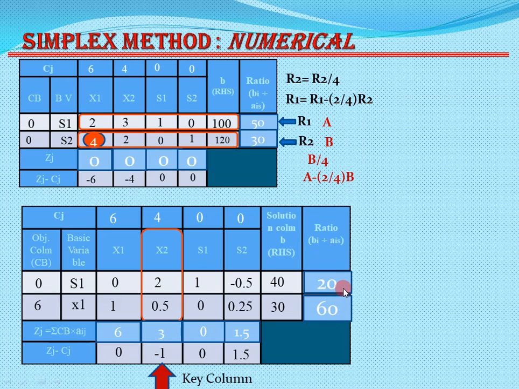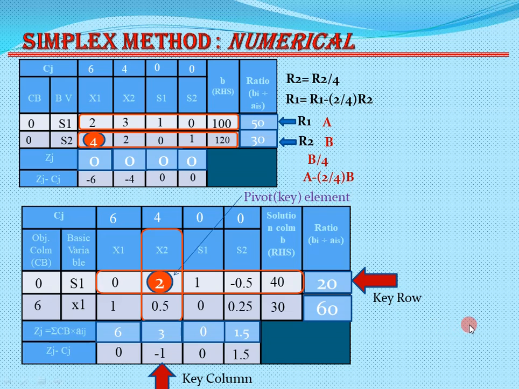So the minimum positive value is 20, so it will be called the key row, and the element intersecting between the key row and key column is called the pivot element. So again, to obtain the feasible solution, we have to convert this pivot element to 1 and the remaining elements in that key column to 0 by applying row transformations.